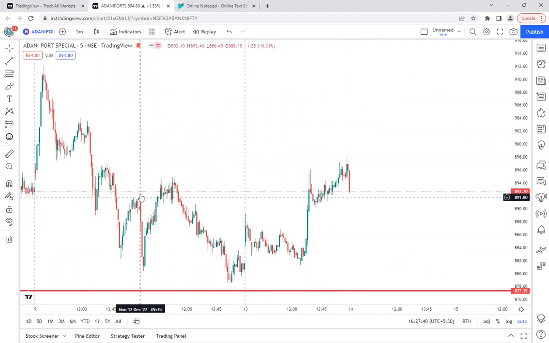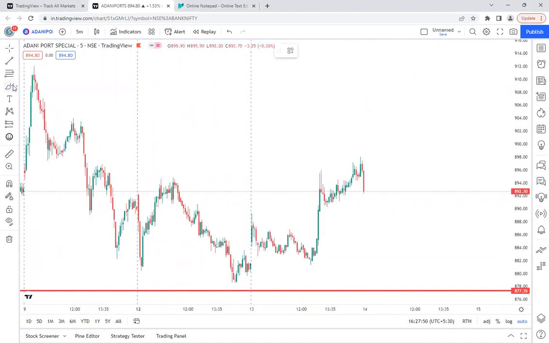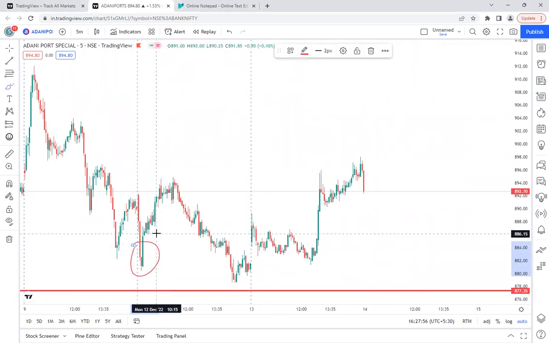Yesterday what happened? They fell down almost close to it, but immediately they started going up and went above the day high. So here also, those who have taken sell positions, expecting that it will hit this key support level, might have kept their stop losses at least at the day high.